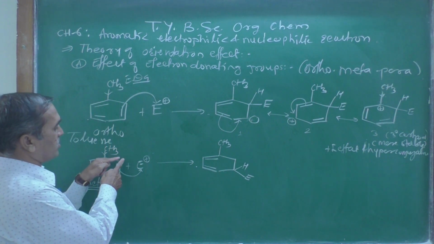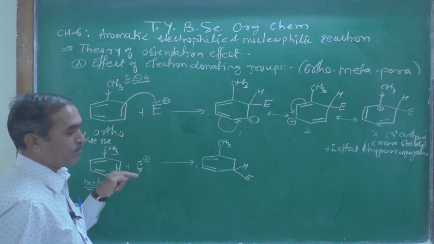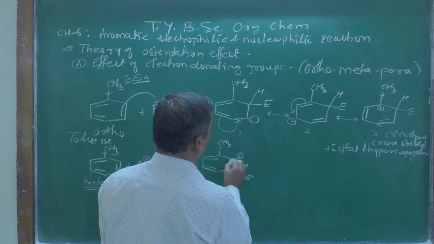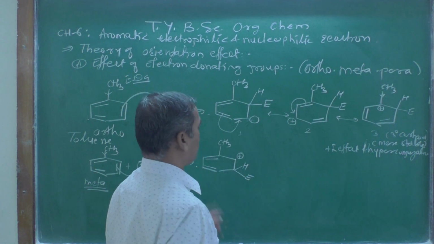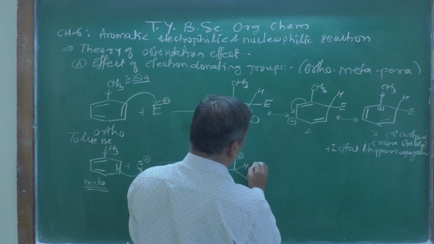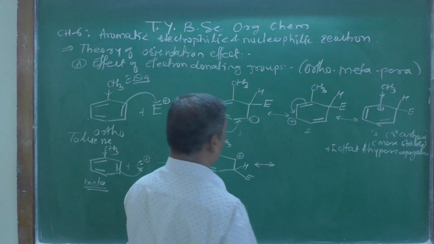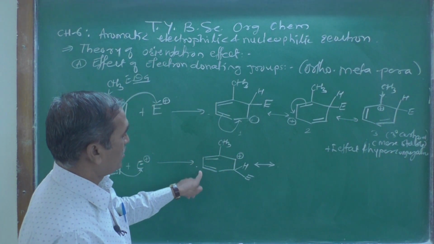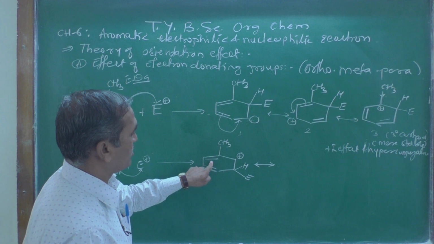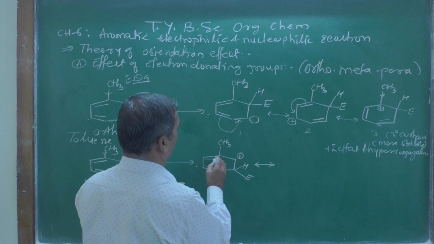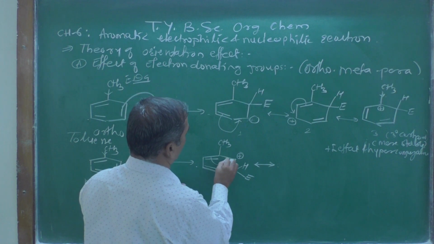What kind of charge is present on this corner point? There is a positive charge, meaning the carbocation is there, and we can draw the resonating structure of that carbocation. Now look at here, the double bond is here, and this double bond now shifted from here to here.